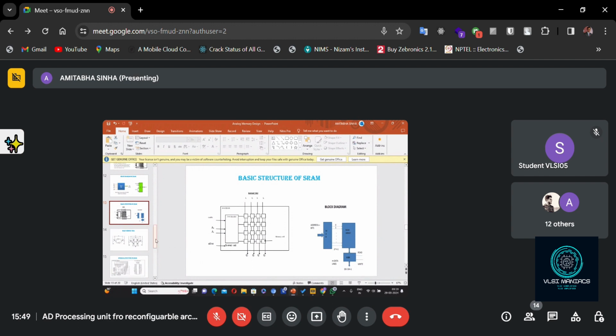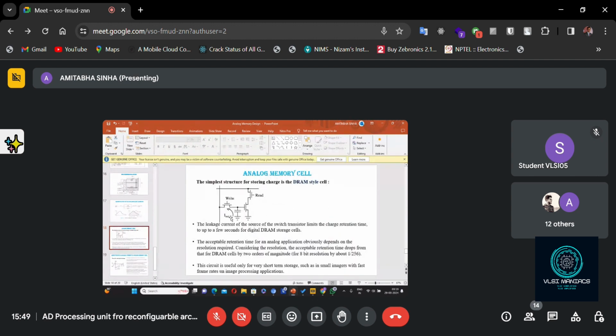Listen, because here what is happening? Where is the data held? Data is stored in the capacitor. Here it is coming through this vertical line. The right line is enabled, so data will be entered and the capacitor will be charged.